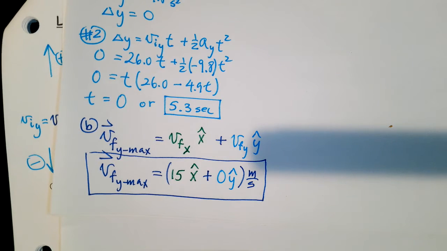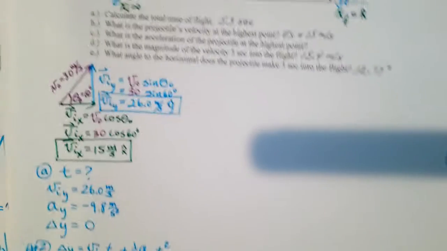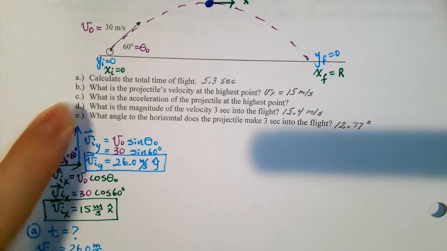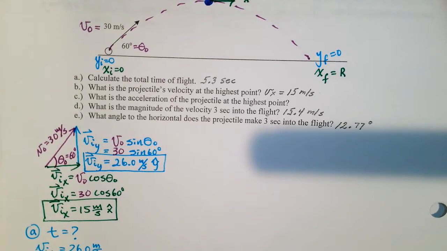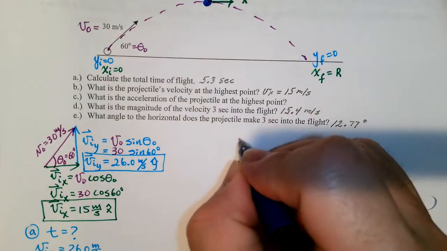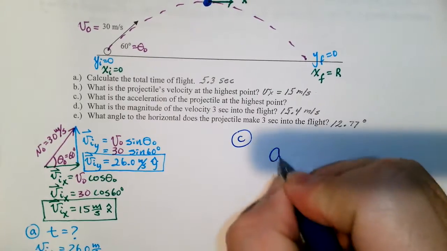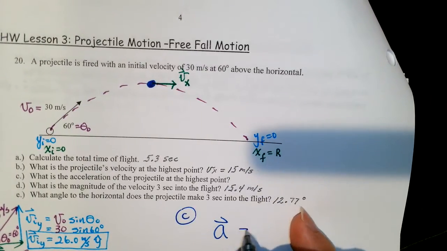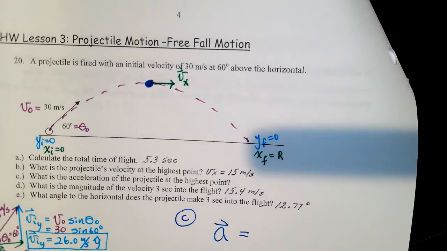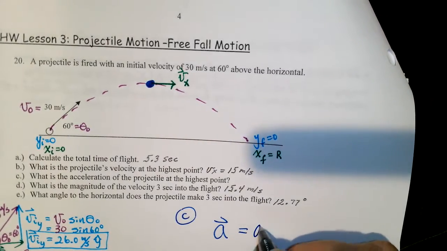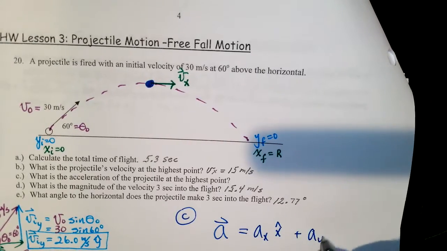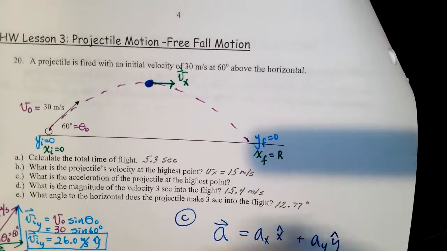What about part C? For part C, what is the acceleration of the projectile at the highest point? Well, the acceleration vector will always be the same no matter what. That is ax x hat plus ay y hat.